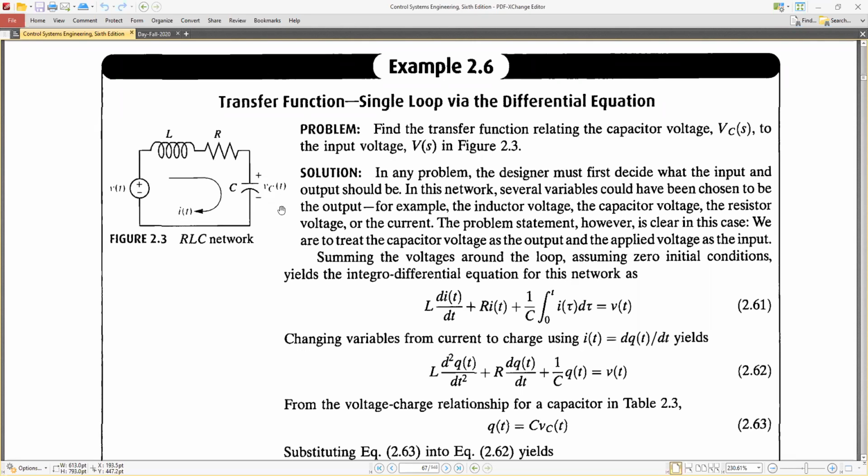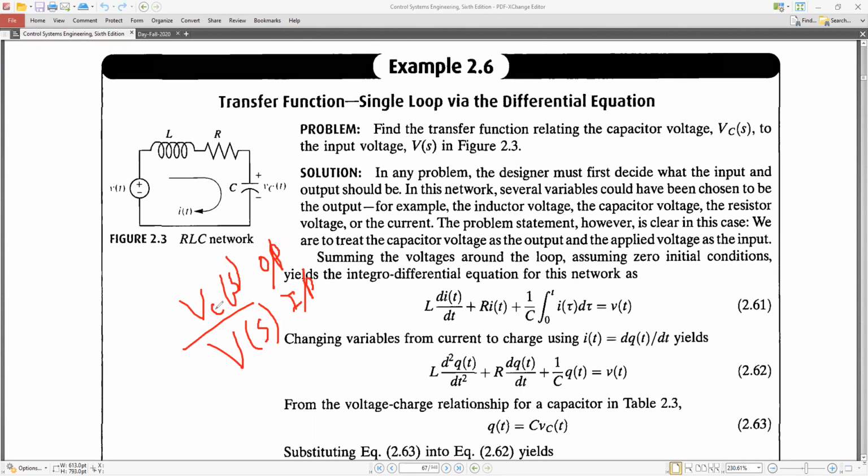So what would be the transfer function? VC(s) divided by V(s), right? Output divided by input. Output voltage divided by input voltage.